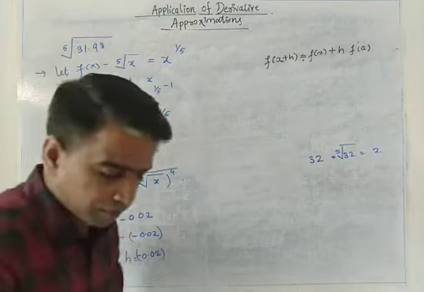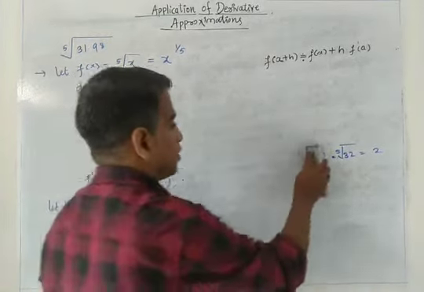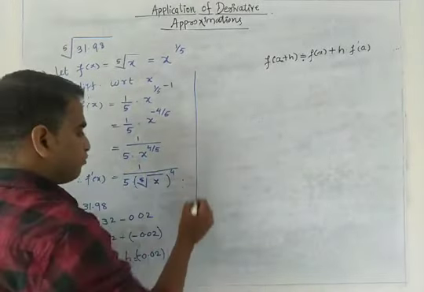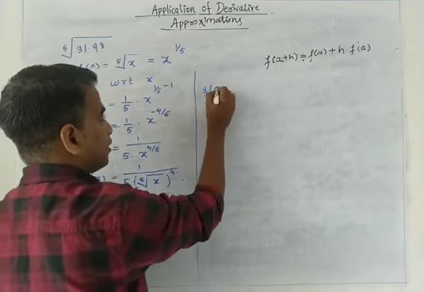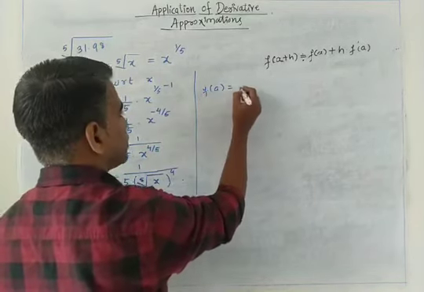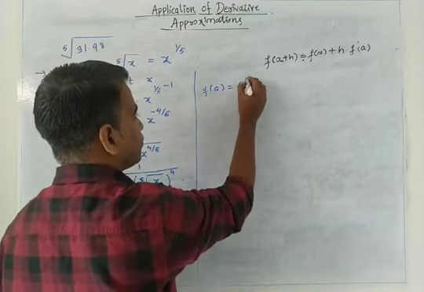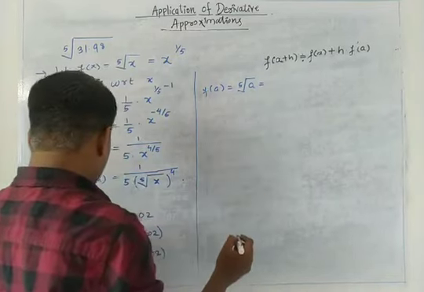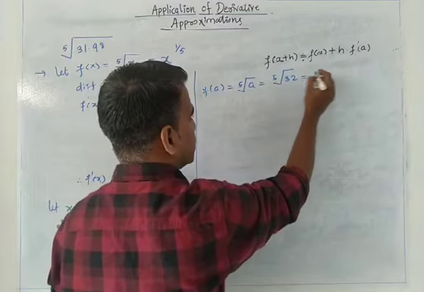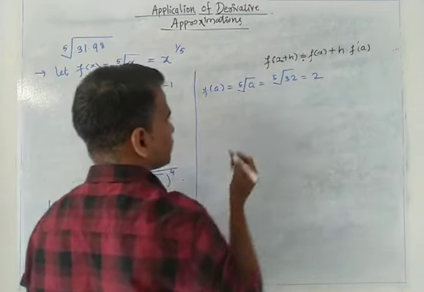Now we'll start with finding the value of f of a and f dash of a. So first f of a we will complete. f of a is equal to, f of x is the fifth root of x, so you will get fifth root of a, and value of a is 32, so fifth root of 32, and as we discussed, fifth root of 32 is 2.